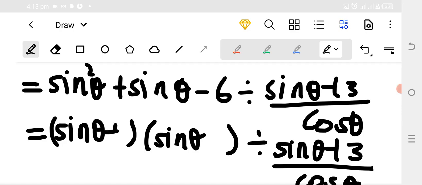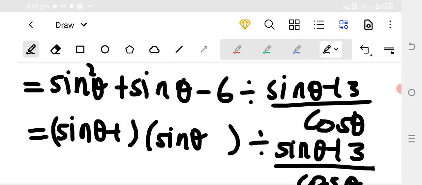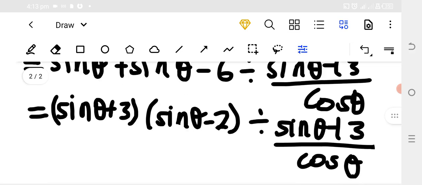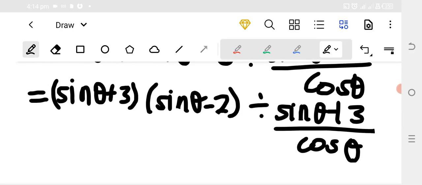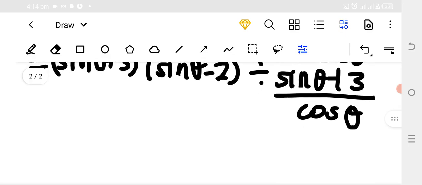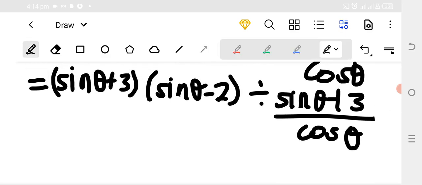So I have sine theta plus 3 in one bracket, okay? Let's write that a bit more clearer. Sine theta plus 3 in one bracket, then sine theta minus 2 in one bracket. Before cancelling out, let's change this sign here.